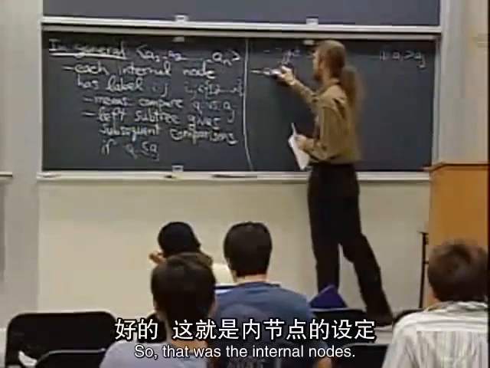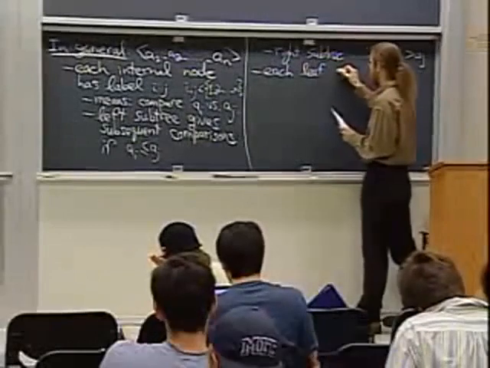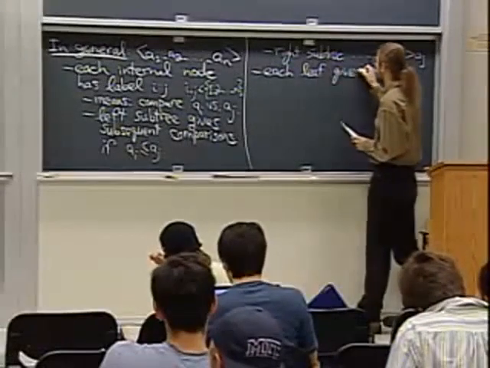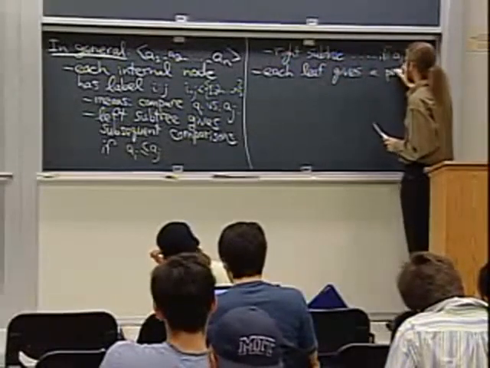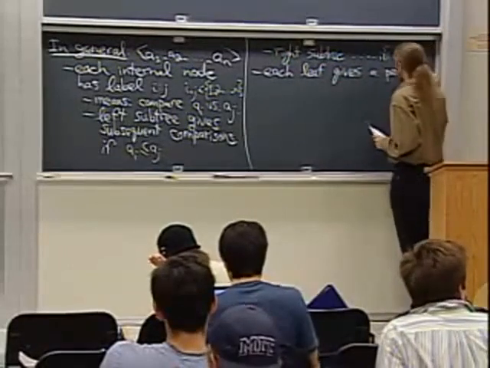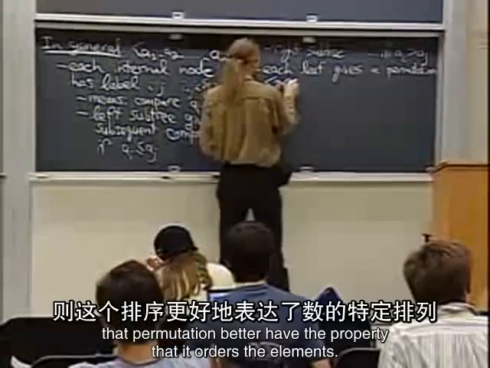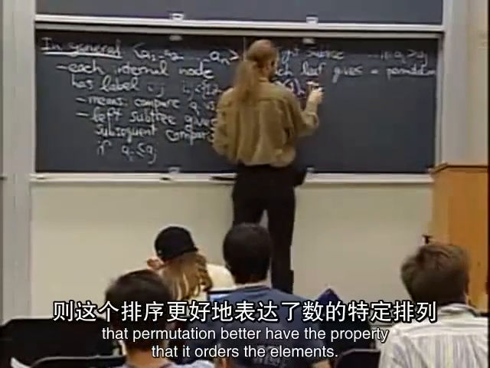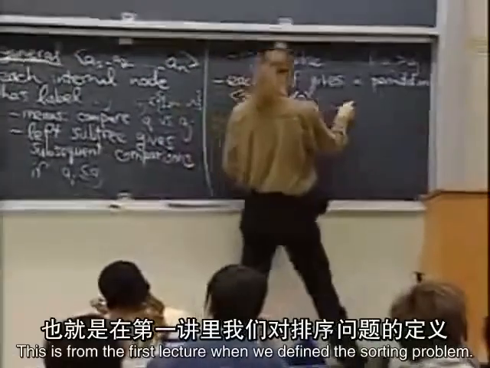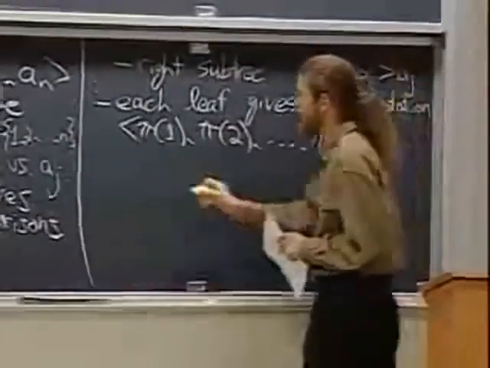So that was the internal nodes, and then each leaf node gives you a permutation. In order to be the answer to the sorting problem, that permutation better have the property that it orders the elements. So this is from the first lecture when we defined the sorting problem.